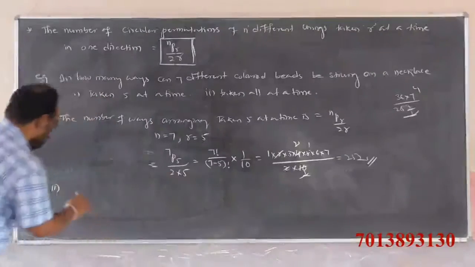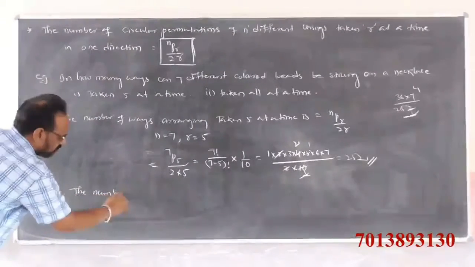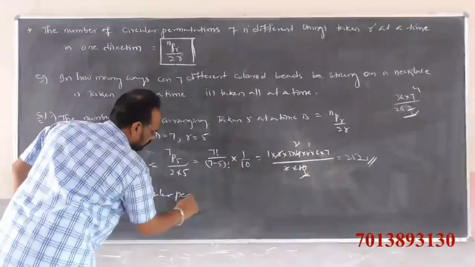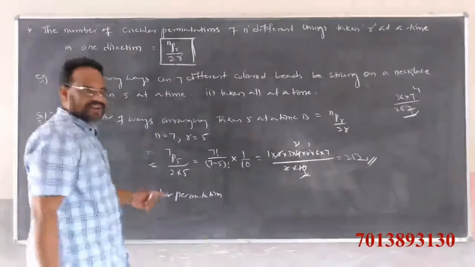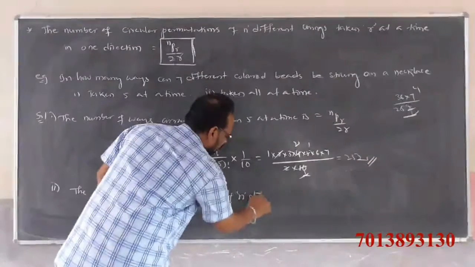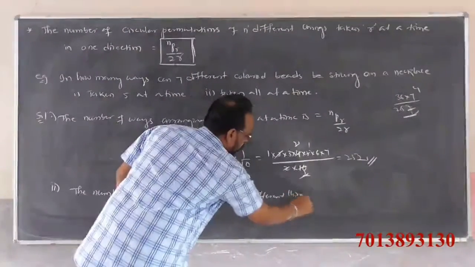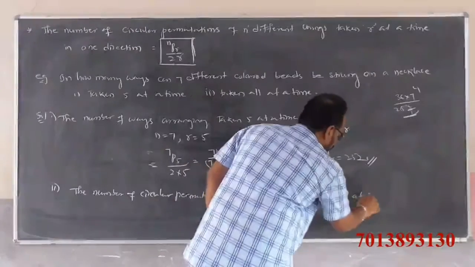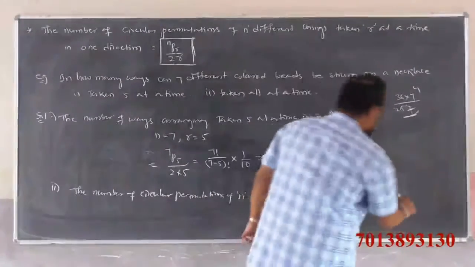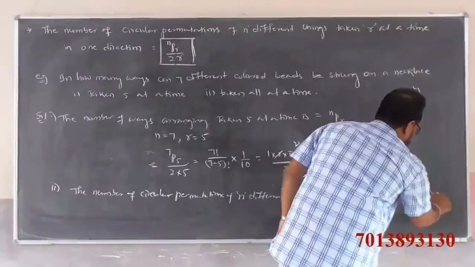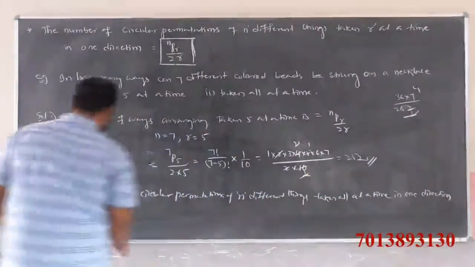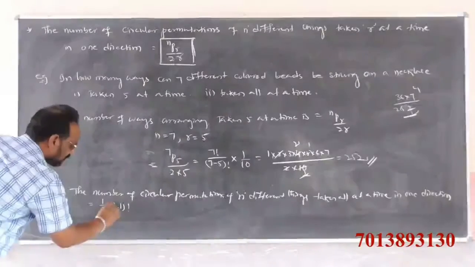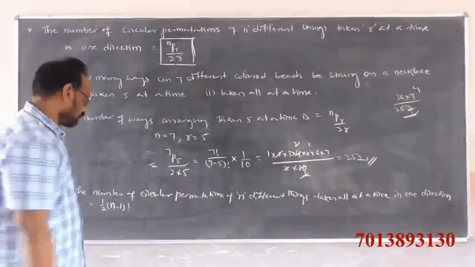The number of circular permutations of n different things taken all at a time in one direction is half of (n minus 1) factorial.